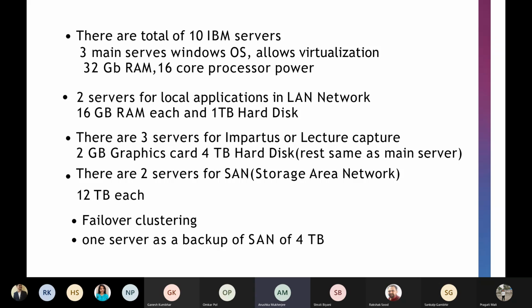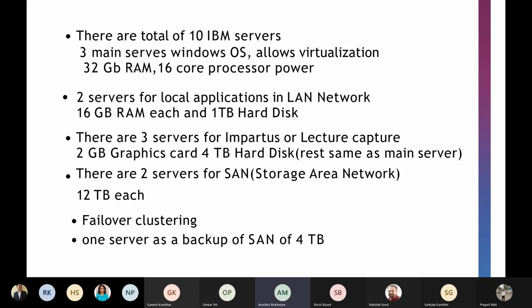There are also 2 servers for all the local applications in the LAN network, for example the Vidyalankar ERP and the Vidyalankar ERP for accessing the exam marks and the transcripts. They have 16 GB RAM each and a 1 TB hard disk.